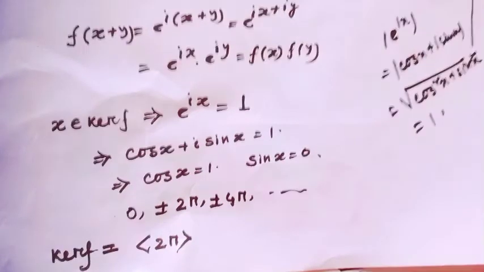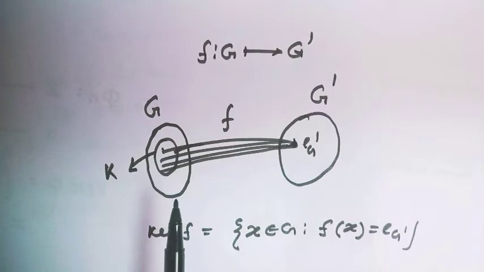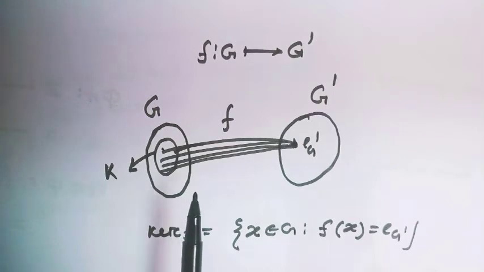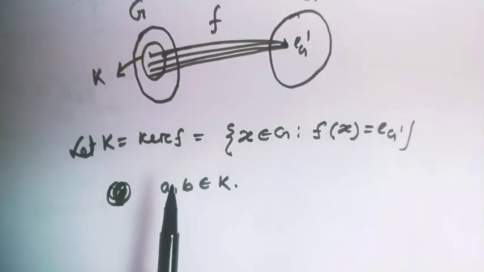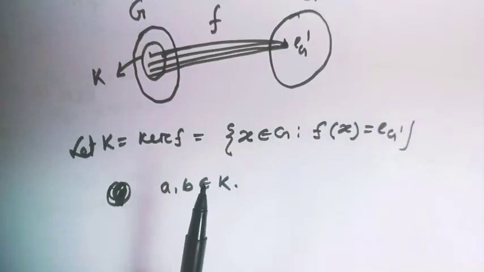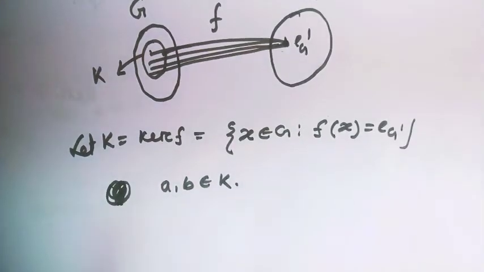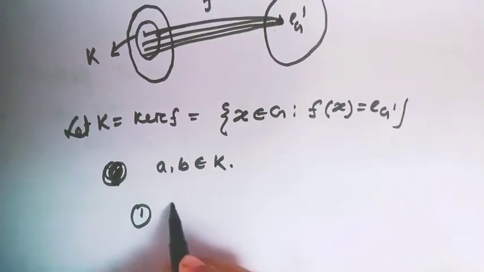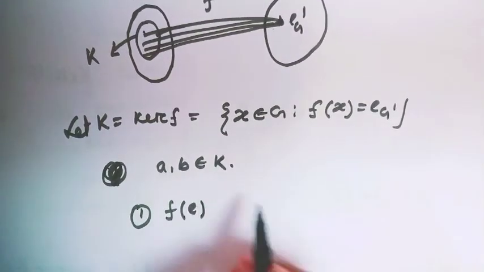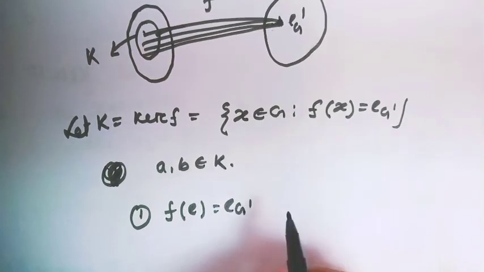Okay? Well, the kernel is a subset of G, and not only a subset, it's a subgroup of capital G. Let k equal the kernel of f. We have to show that k is a subgroup. Let a and b be two elements of k. We must show three properties. First, f of e equals e z dash, by the properties of homomorphism.